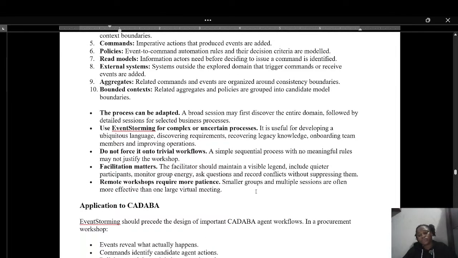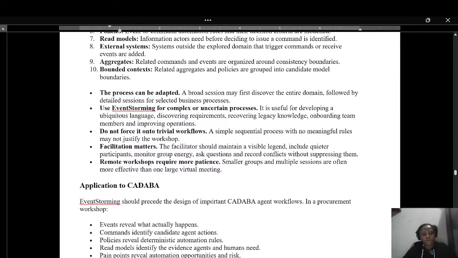You need a software architect that will facilitate everything and notice every interaction, include quieter participants, monitor group energy, ask questions, and record conflict without suppressing it. So monitor the energy of everyone present in the room, monitor the interaction of the business owners. Also note how they answer questions when you ask them, and how they interact when they talk about their pain points.